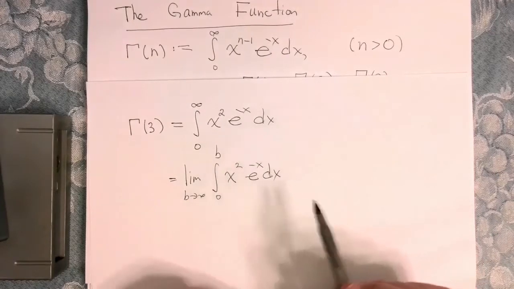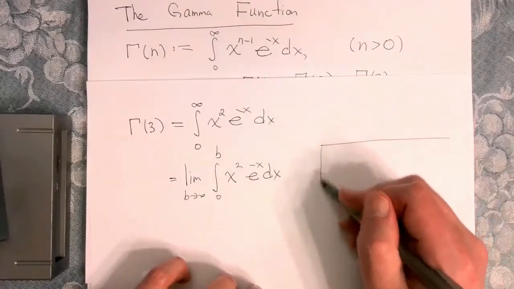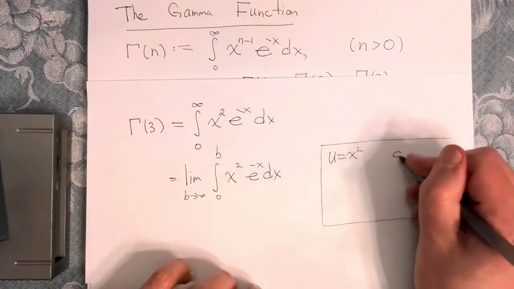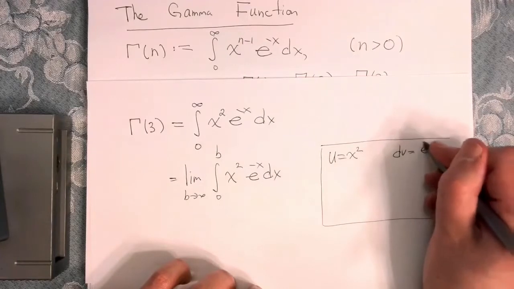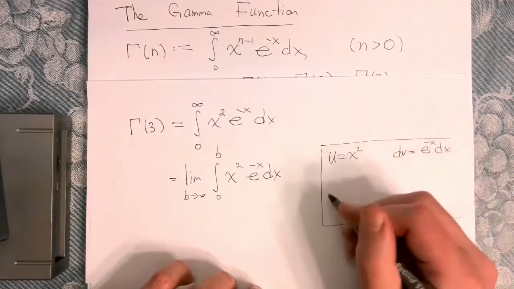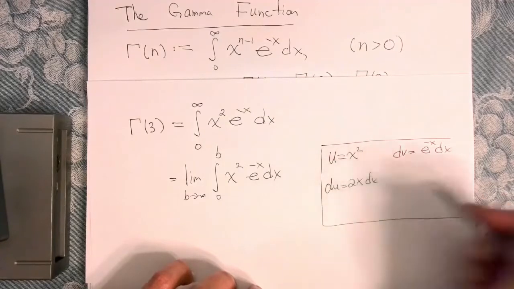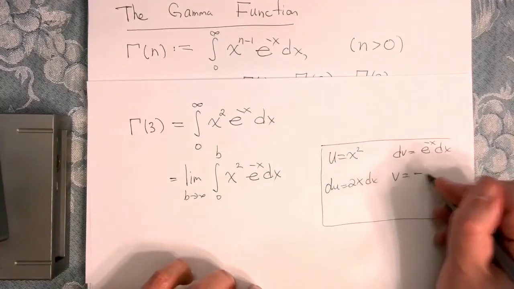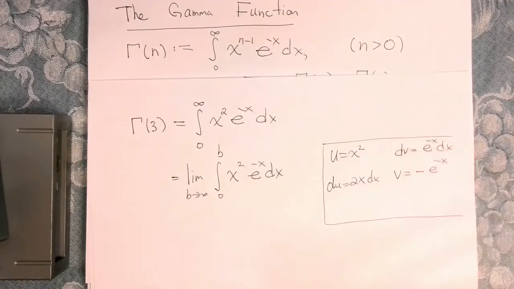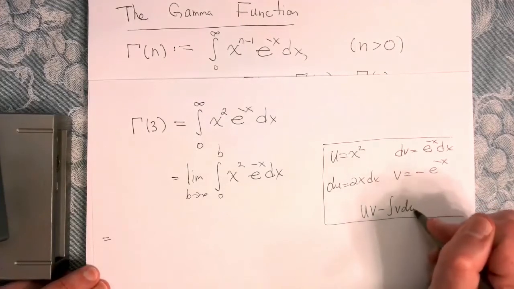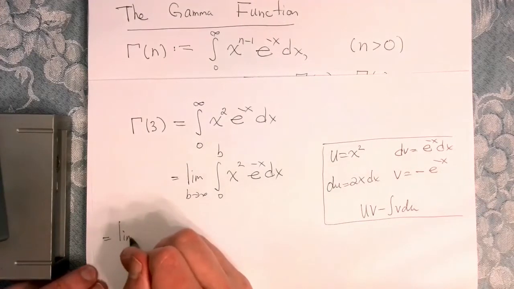And of course, you notice integration by parts. So we're going to let u equal x squared, and then dv is going to equal e to the minus x dx. du is equal to 2x dx, that's the derivative here. And then the antiderivative, of course, is e to the minus x. Let's fill in our integration by parts formula.